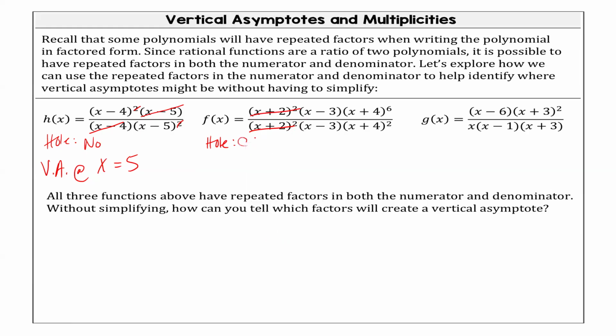So at x equals negative 2. Where else? At x equals 3. Because what happens in your denominator? There's nothing left in the denominator.